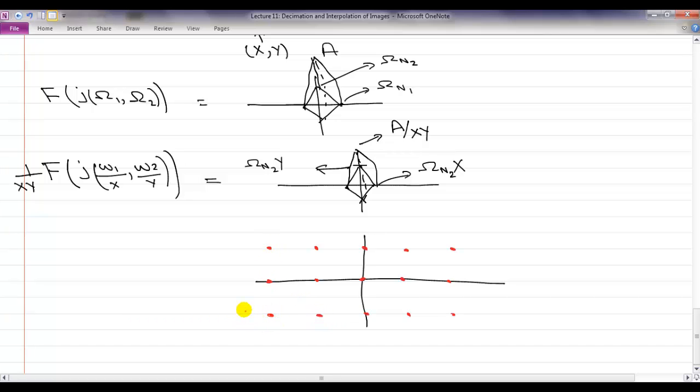Each one of these copies, which I'm not going to attempt to draw in the 3D version, now gets shifted, instead of at 0, 0, to the center points of these lattice locations. So we get one copy which is here, one copy which is here, one copy is here, and similarly all copies here also.